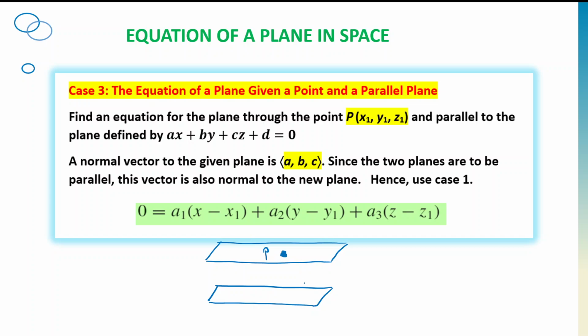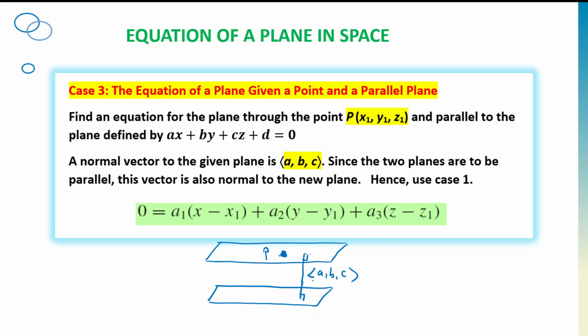So this will be a normal vector for this plane. If it's normal for this and these two are parallel, then this is normal for our plane also. So I'll use the same normal vector, A, B, C. This vector is perpendicular to this plane and it's perpendicular to our plane. So this is what I use as the normal vector.